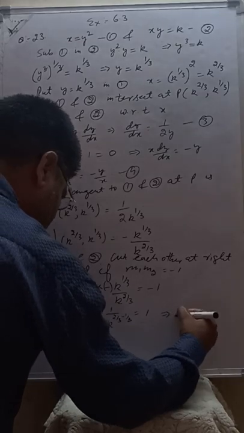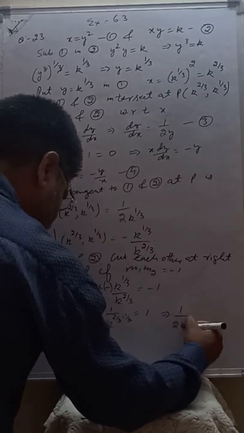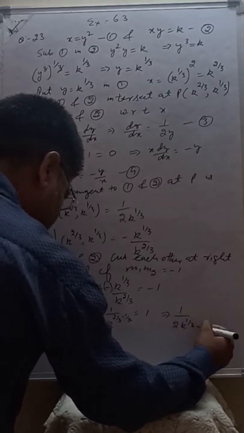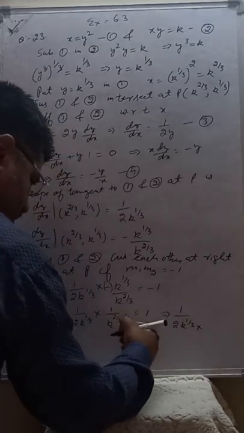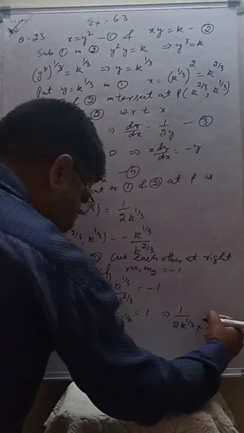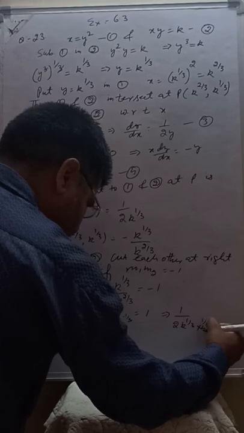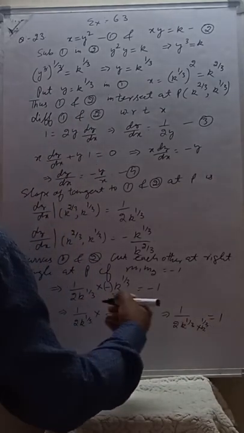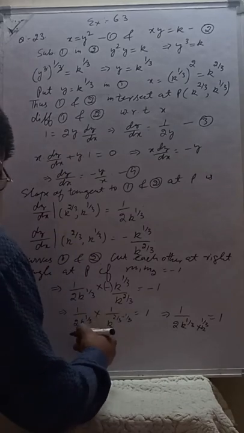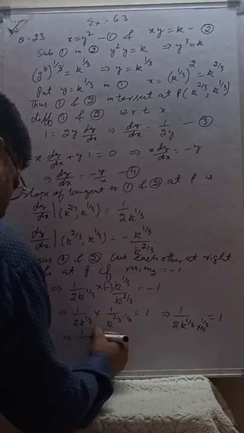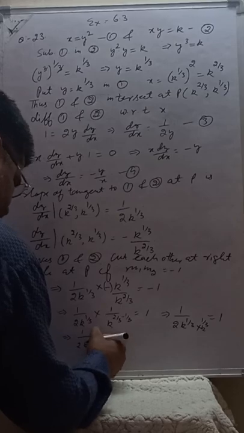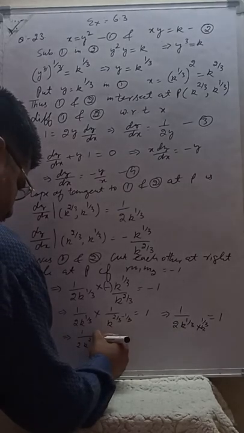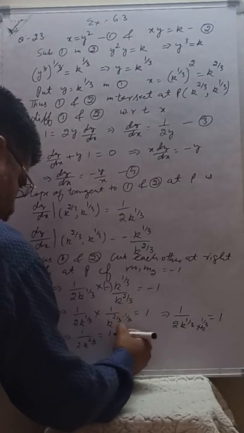This implies 1/(2k^(1/3)) into k^(2/3 − 1/3), which will be again k^(1/3), is equal to 1. Now again the bases are same, powers will add. So we will get from here 1/(2k^(2/3)) = 1.